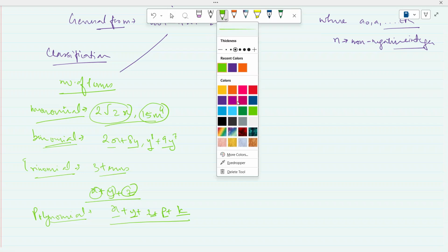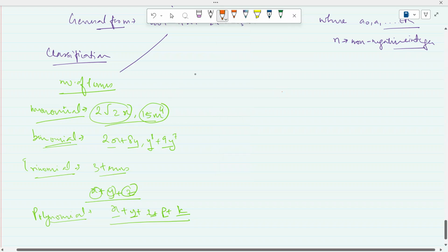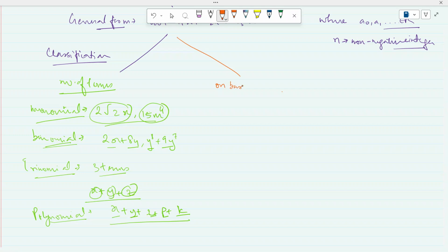Then the classification can also be done on the basis of degree. So what is a degree? Degree is the highest power, which we also call the exponent, of any variable.